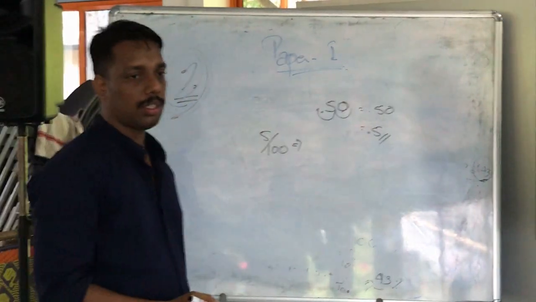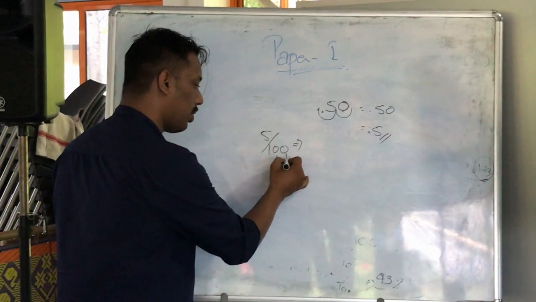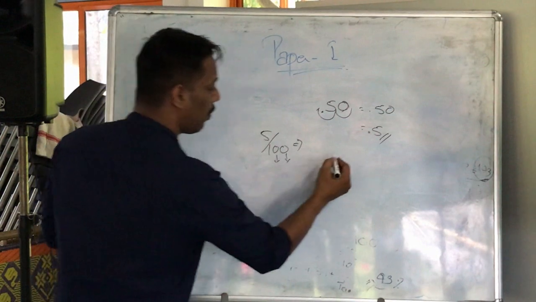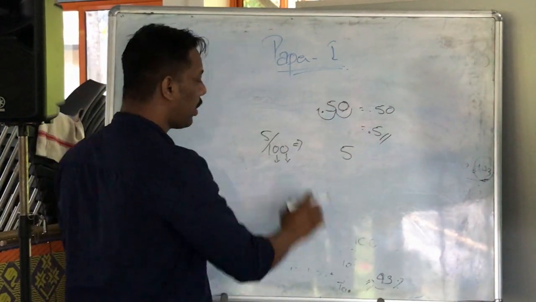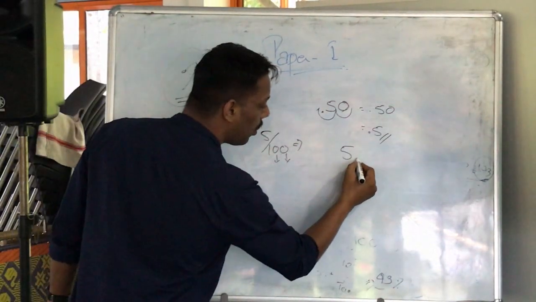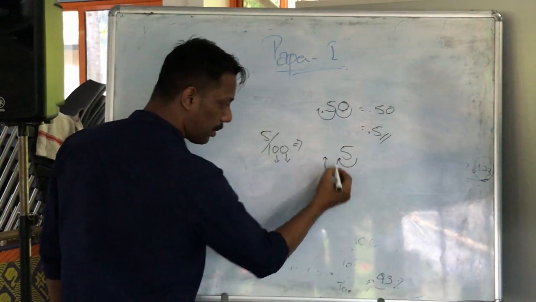How will you solve it? Here the number is 100. How many zeros? 2 zeros are there. Then how will you solve it? First of all, you write the number itself, 5. Then you consider 2 steps from right to left. This is the first step and this is the second step.